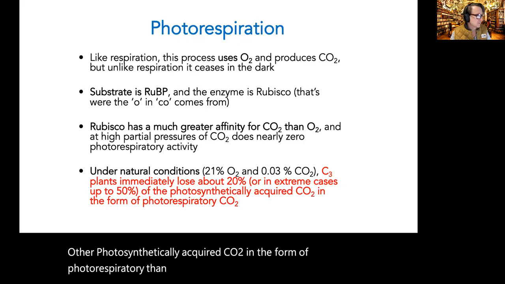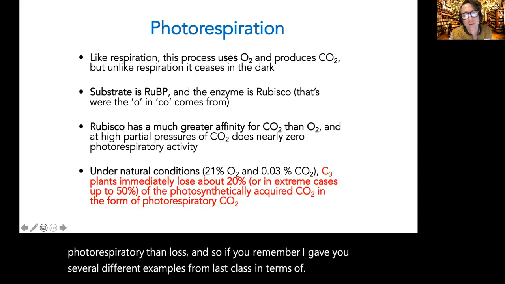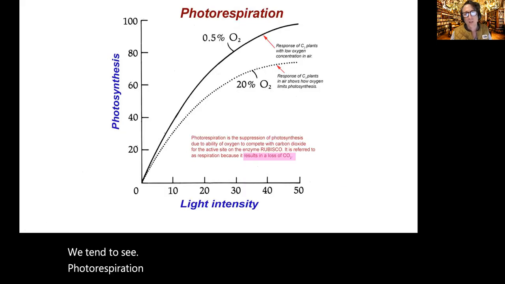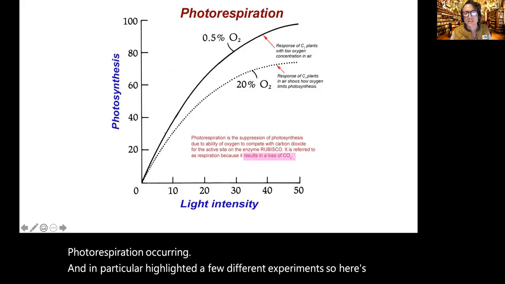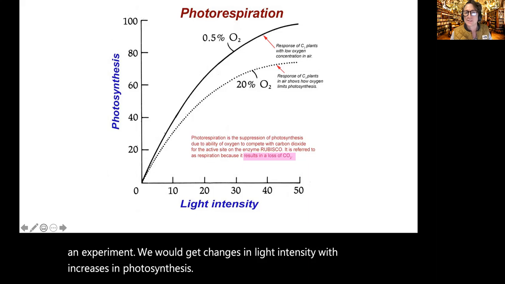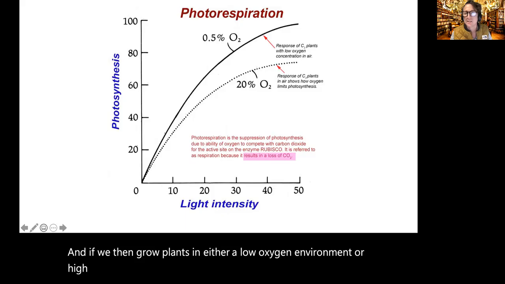Okay. And if you remember, I gave you several different examples from last class of when we tend to see photorespiration occurring. In particular, I highlighted a few different experiments. So here's an experiment where we get changes in light intensity with increases in photosynthesis. If we grow plants in either a low oxygen environment or a high oxygen environment, we immediately see a difference in the photosynthetic response to light.